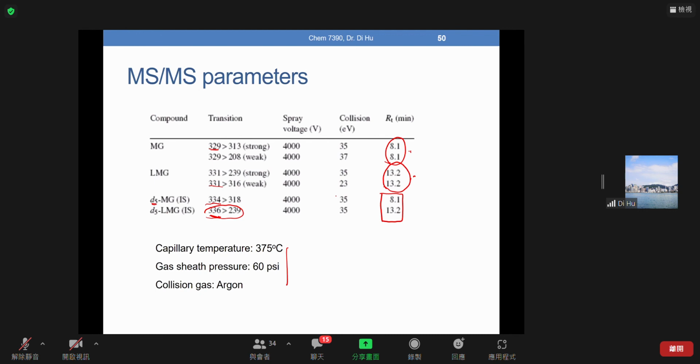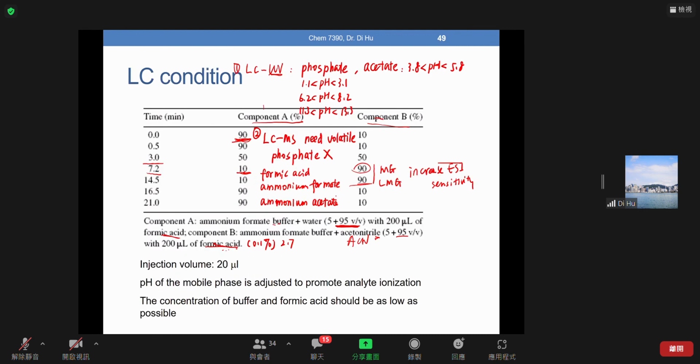They're good choices because they are small, volatile, and also soluble in a higher percentage of organic solvent. Okay, so just pay attention.